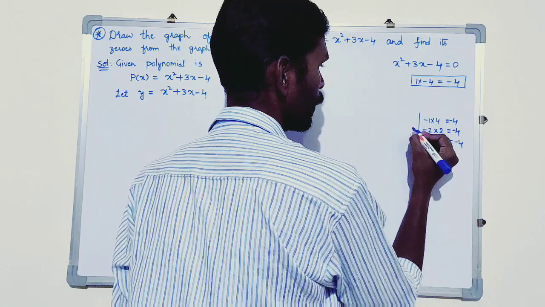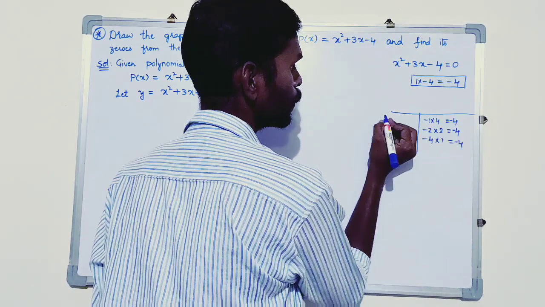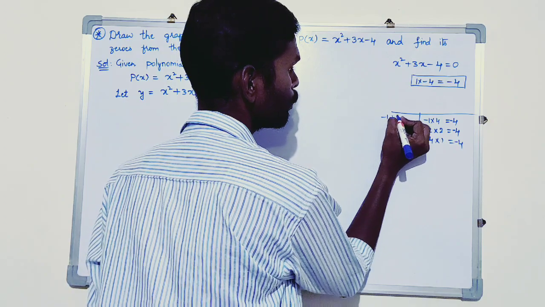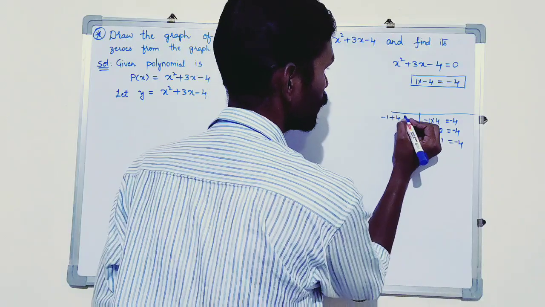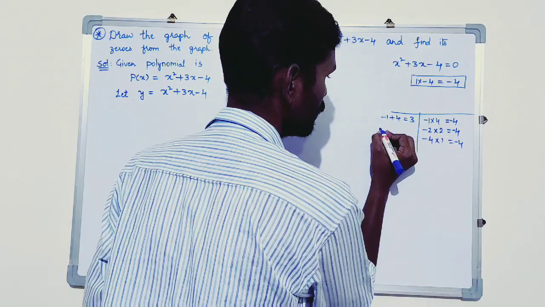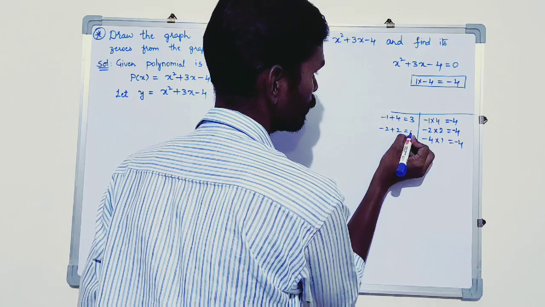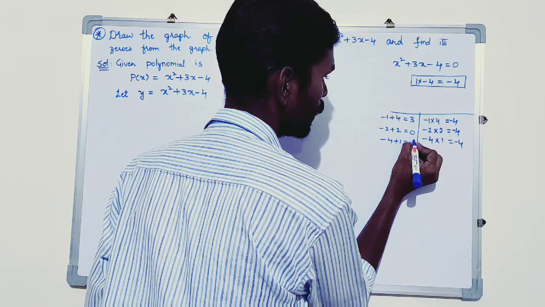Now you need to add these two values in each pair. Minus 1 plus 4 is 3. Minus 2 plus 2 is 0. Minus 4 plus 1 is minus 3.